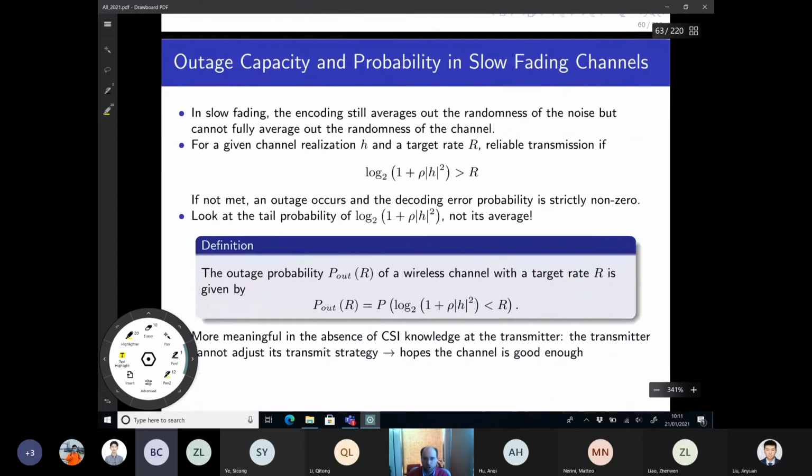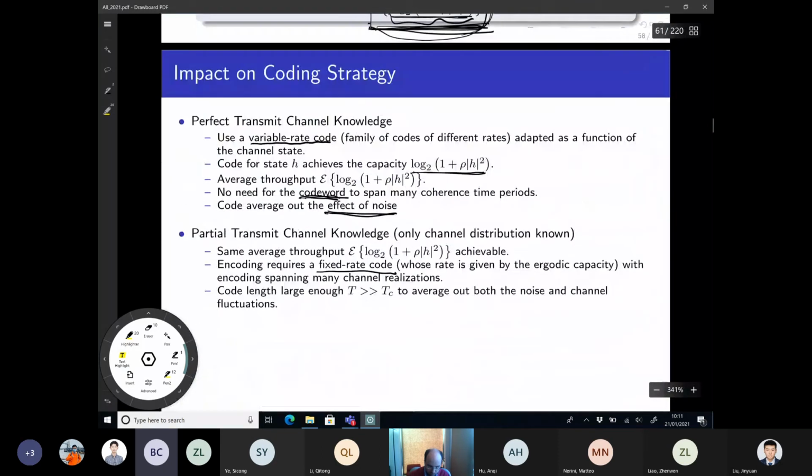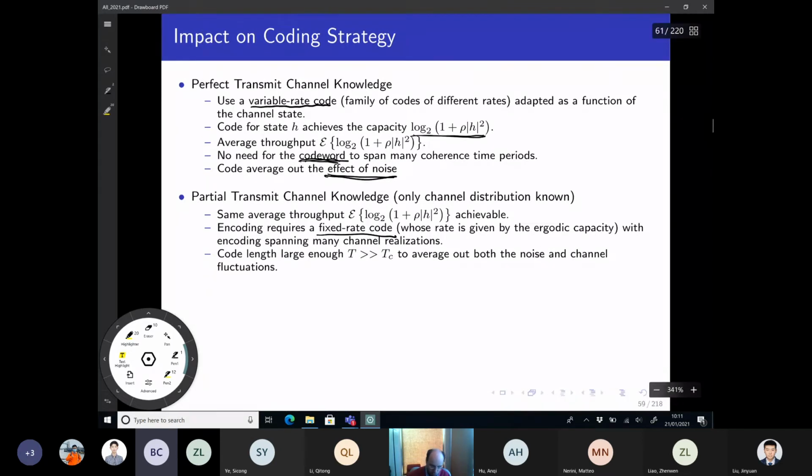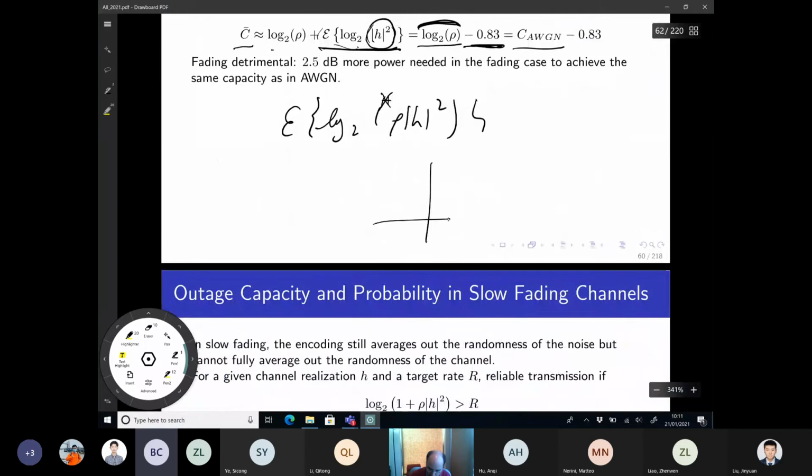Now you can have the opposite problem, which is that you're not in either of those two scenarios. Either you don't know the channel at the transmitter and cannot adapt your coding rate to the channel conditions, or you don't have the ability to transmit over many realizations of the channel because the channel is changing too slowly. In that case, you end up with slow fading channels, which I can write like this.